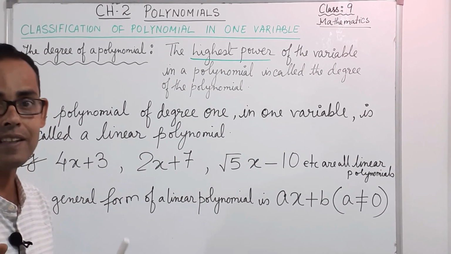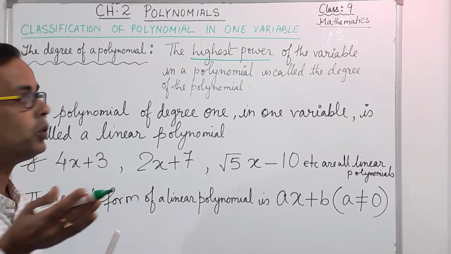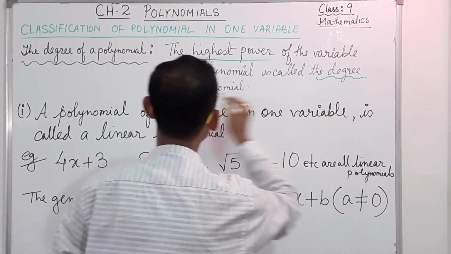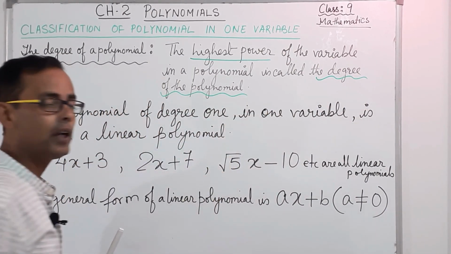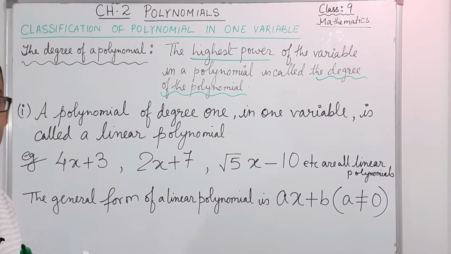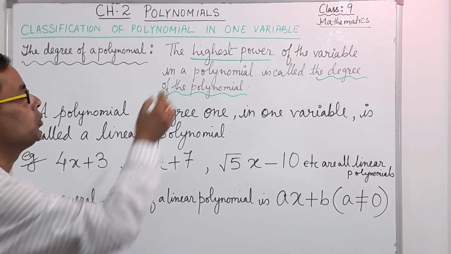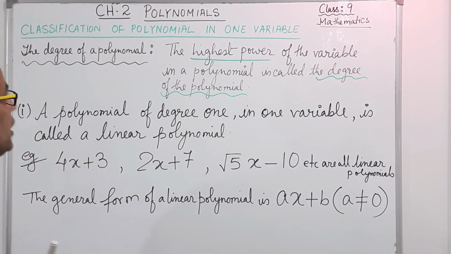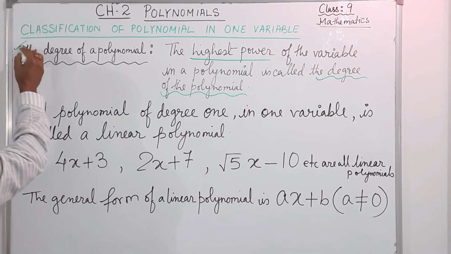If the variable is x, the highest power of x in a polynomial is called the degree of the polynomial. So this is the meaning of degree of polynomial.